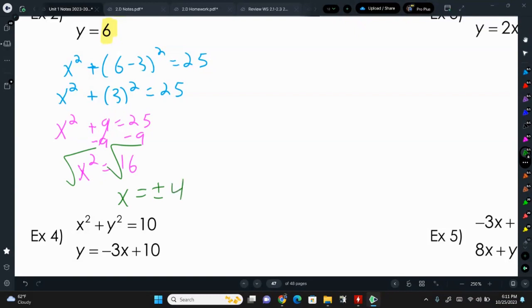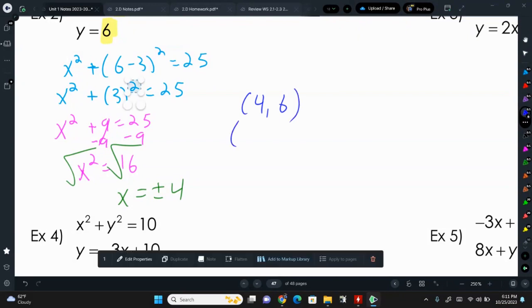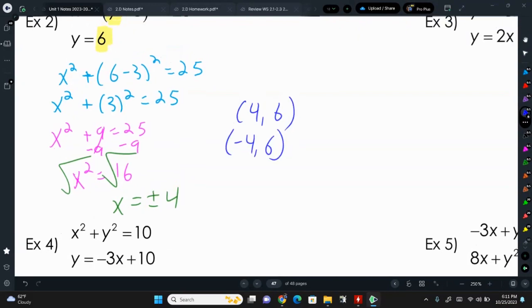So x equals plus or minus 4. Now, the nice thing about our y equals 6 is that it tells us the y-coordinate of our solutions. It has to be 6. So we have two solutions, 4 comma 6 and negative 4 comma 6.